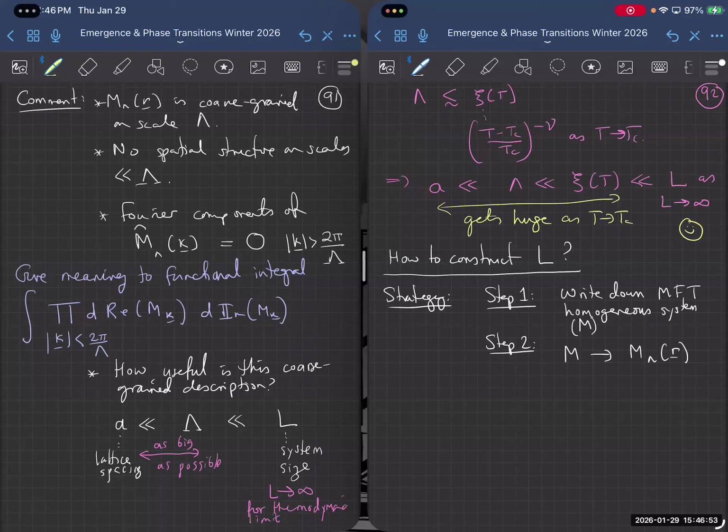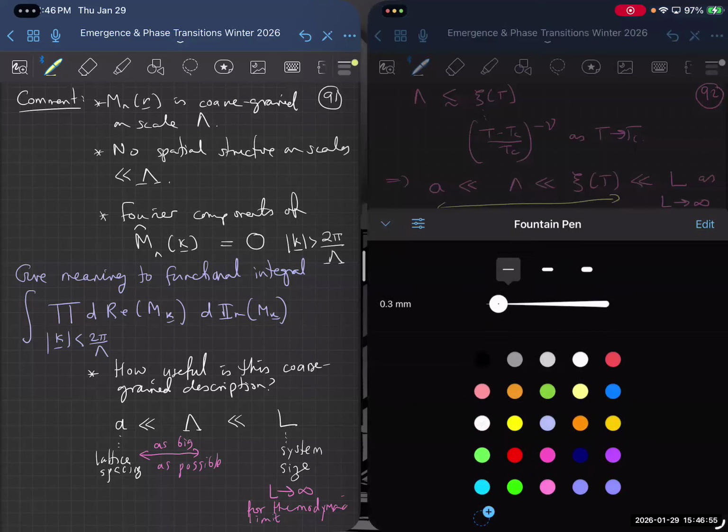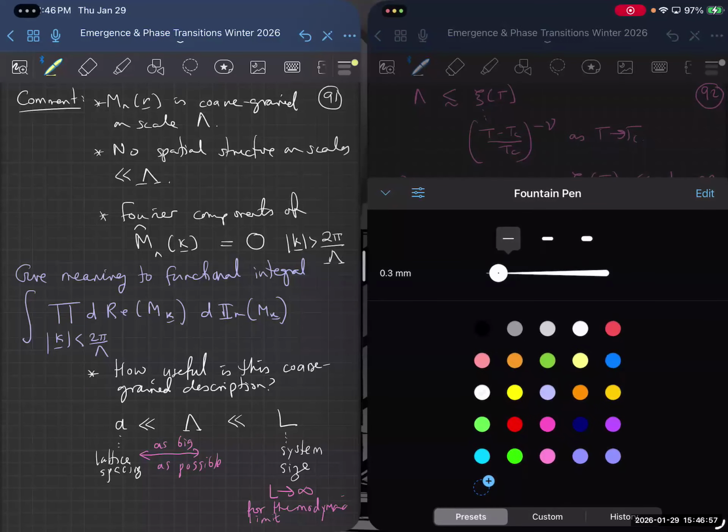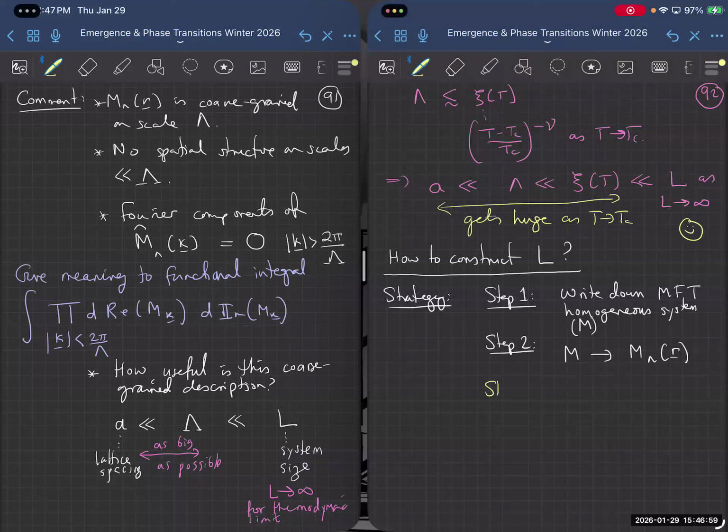The reason it's not correct is that we have to do a step 3, which is add an additional term. That is the energy cost of having a spatial variation.